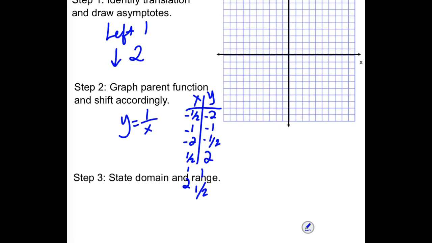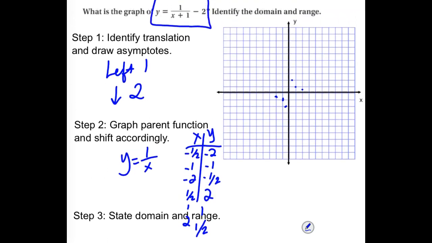So -1/2, -2, -1, -1, -2, -1/2, and our positive side. You will be doing a lot of translating of this, so recognizing those key points for the y equals 1 divided by x function will be helpful.